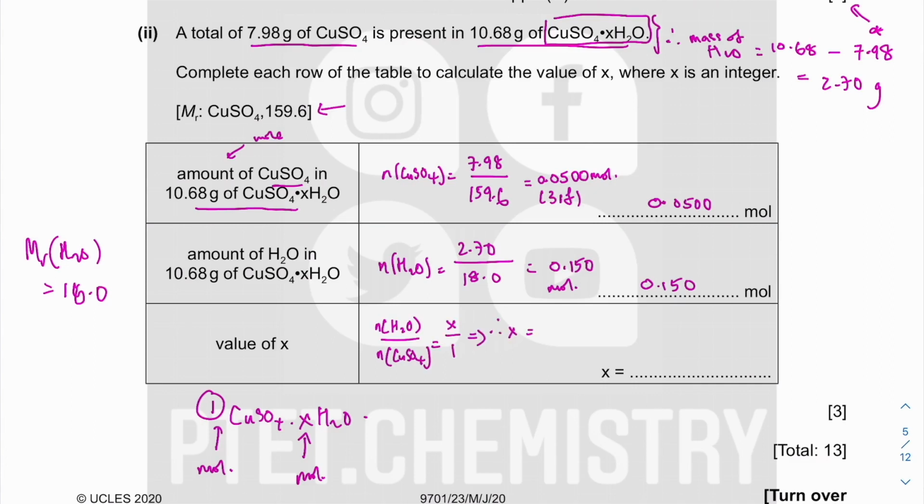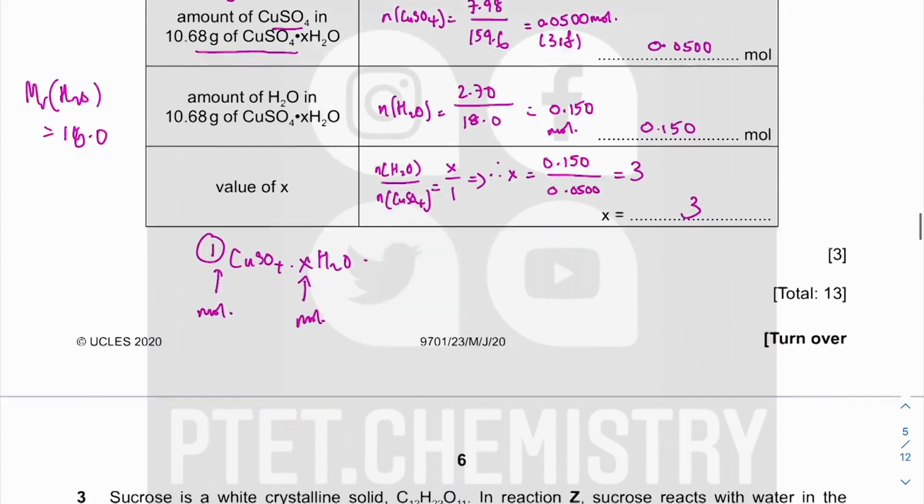Therefore, X is equal to the mole of water over the mole of CuSO4. I hope you can see it's 3. And now, this cannot be to 3 significant figure because water of crystallization is not a decimal place. You always round it up to the whole number. Okay, so you can see that ratio there. Yeah?